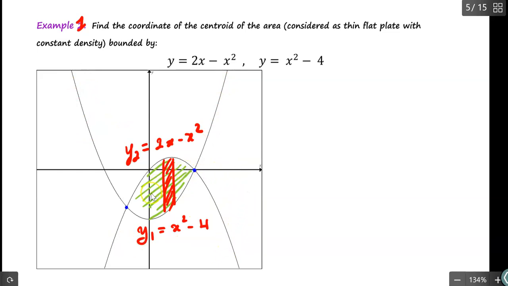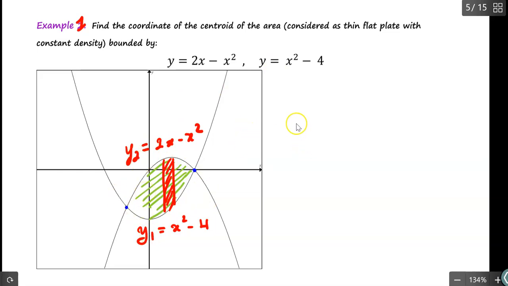So we need to shade the area in and identify the element we are going to use, which is the vertical element. y2 is the upper function, a parabola that opens down because you have the negative in front of x squared. The value of a is -1, therefore this parabola opens down, and this one is a parabola that opens up. It's a good idea to identify and write y2 and y1 before we use the formulas.